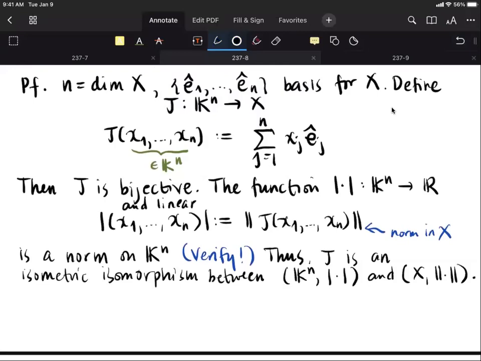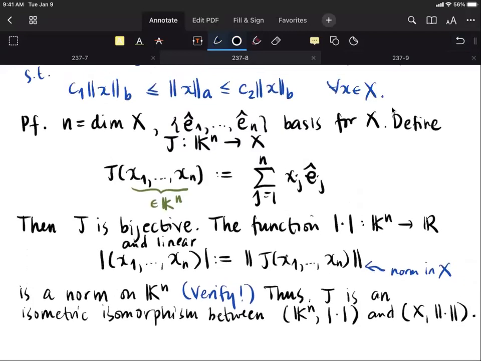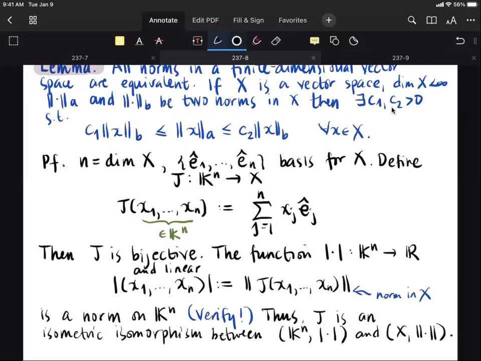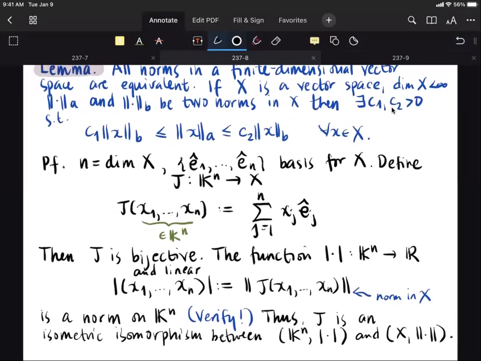Here, our idea is to consider an isometric isomorphism from X into K^n. Of course, to be an isometry, you need a distance, or in this case, you need a norm.